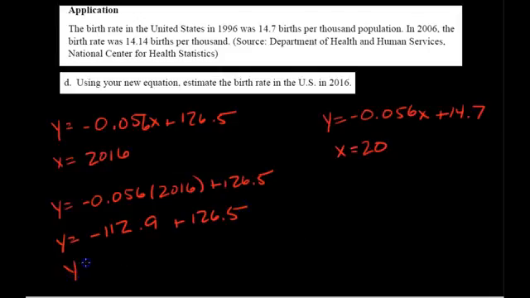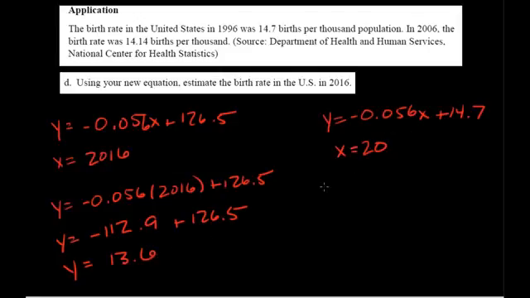And if we do our subtraction, we get 13.6. So in the year 2016, the birth rate will be down to 13.6.